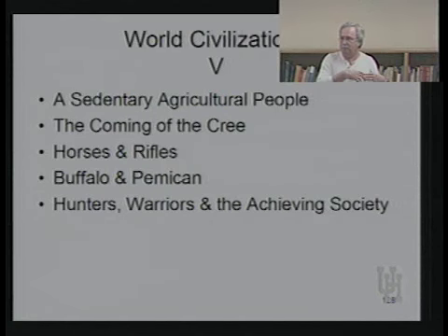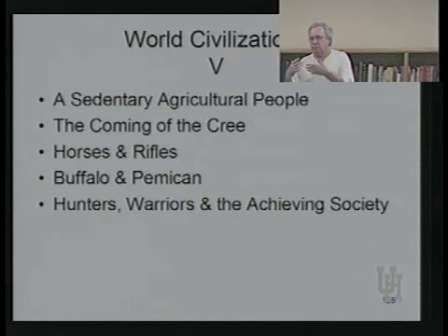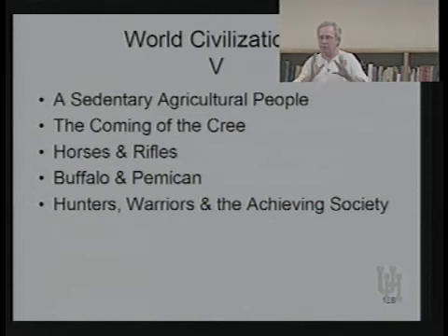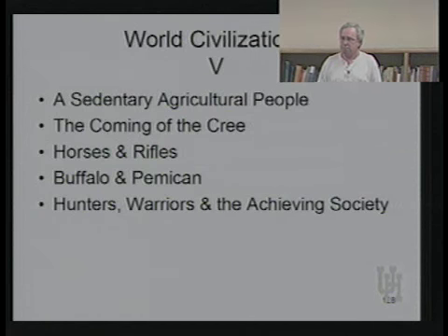And when the buffalo went into winter quarters, so would the Dakotas. Then when spring came, they would begin to follow the buffalo herds once again, hunting them. And they became a nomadic people, instead of being the sedentary agricultural people that they had once been.